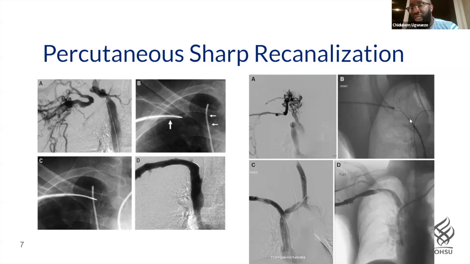My preferred approach is actually to come from below. In this case the angle was more favorable to come from above. I usually prefer to come from below, mainly because if you're sticking from above, you're directing your needle towards the heart and the pericardium, and that makes me more nervous than if you have access from below. You can get a telescoping triaxial sheaths up to your area of stenosis, and then you can put a snare in your target vein.